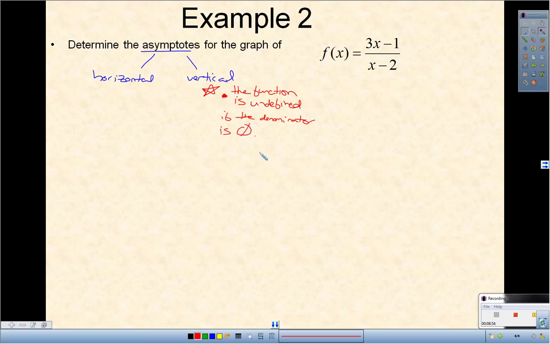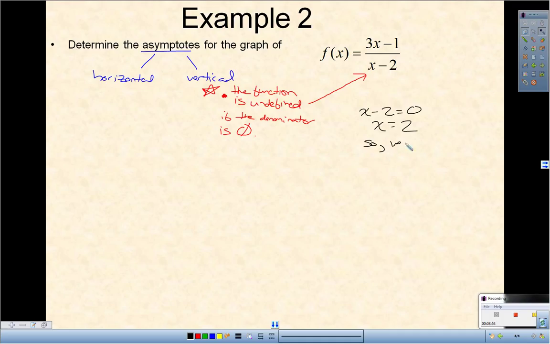So in other words, whatever number makes the denominator 0, then that is where the function is undefined, and that's where there could be a vertical asymptote. So what I'm going to do is I'm just going to look at my denominator, x minus 2, and I'm going to just set that equal to 0. So x minus 2 is equal to 0. And I'm going to solve this for x. X is equal to 2.